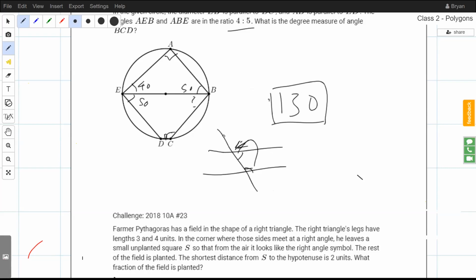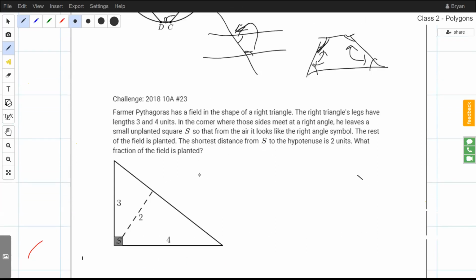And since they make a straight line, they must add up to 180. So EDC is 130. This goes for any trapezoid actually, where these adjacent angles add up to 180, and these two also add up to 180. Interesting to know.